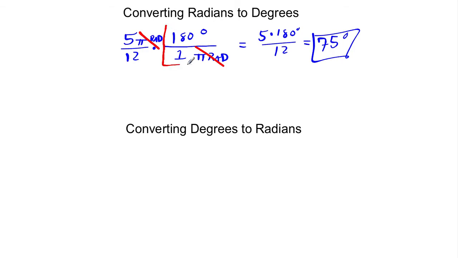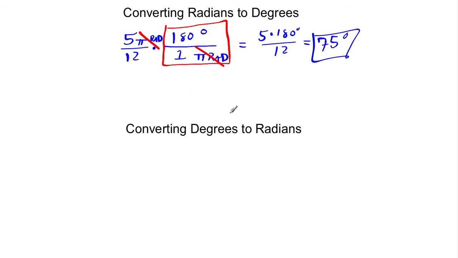This right here in red, that's what we call our conversion factor. Because notice 180 degrees is the same as 1 pi radian. This is equivalent to 1. So we're not changing the value of this fraction. All we're doing is changing how it looks. We're changing the radian measurement to degrees.